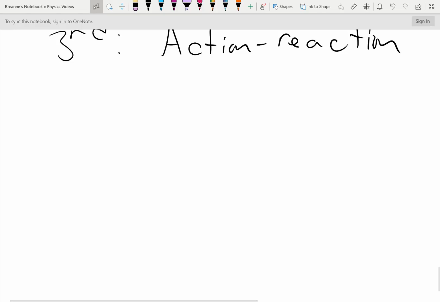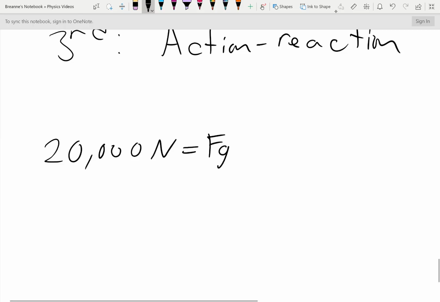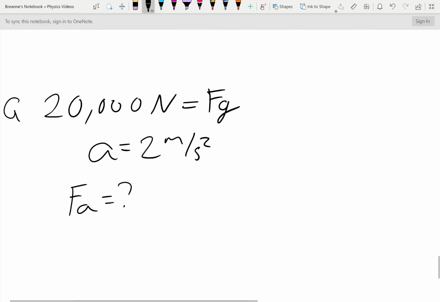So we have 20,000 Newtons. When it's written like that, that's talking about the force of gravity. So that's the force of gravity of the car. And it says the car is accelerating at 2 meters per second squared. And it's wanting to know the force, so it's pretty much wanting to know your force applied. So these are your givens. Here's your unknown. So what equation are we going to use?